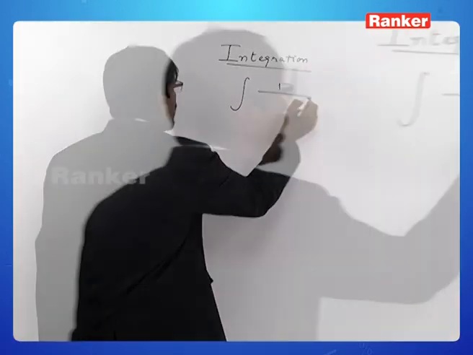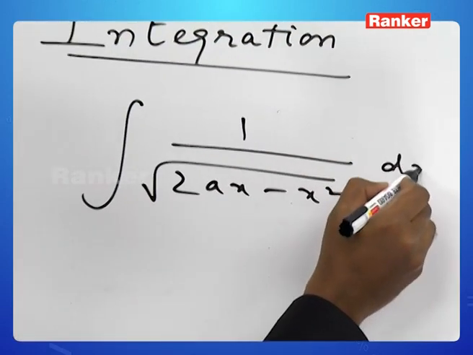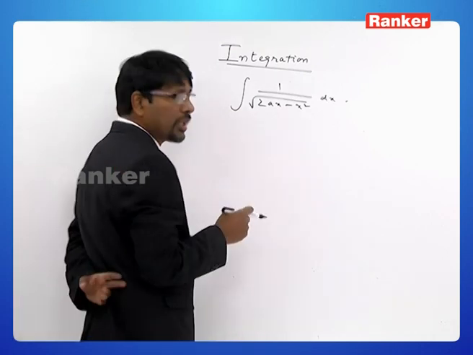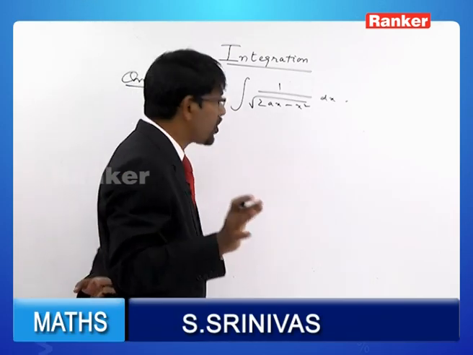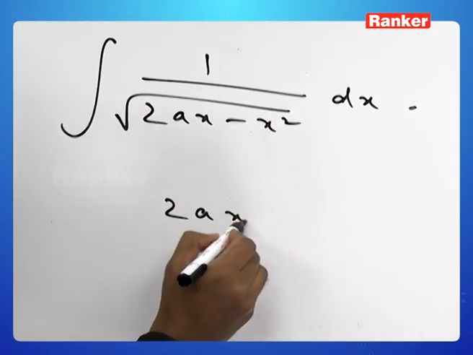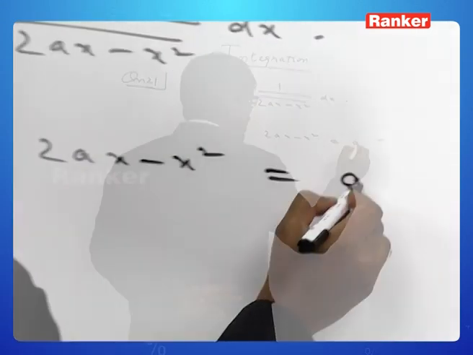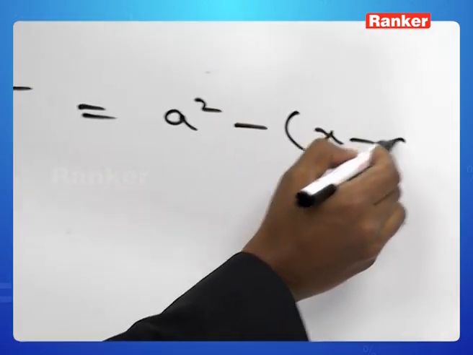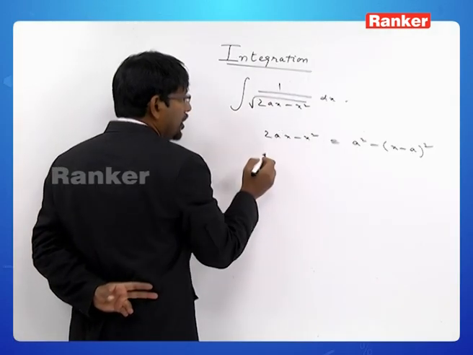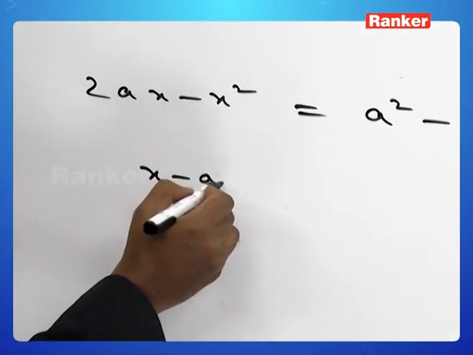Let's look at this integral, 1 by root over 2ax minus x square dx. Again, we have to convert this into the integral of the form 1 by root over a square minus x square type. So you observe that 2ax minus x square, you can rewrite as a square minus (x minus a) whole square. Now I put x minus a as t.